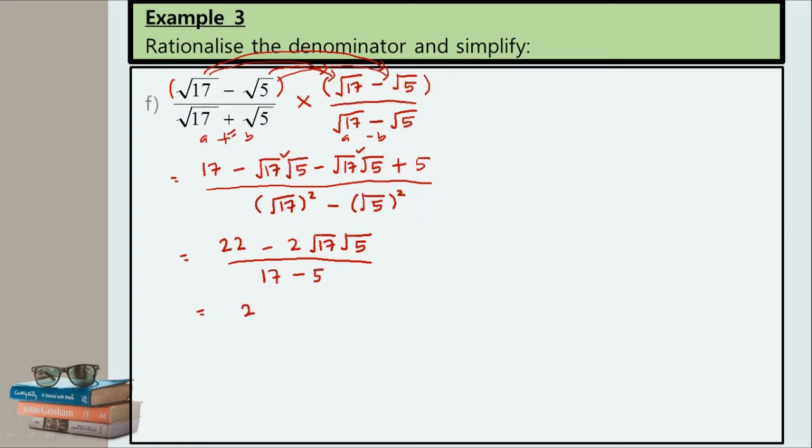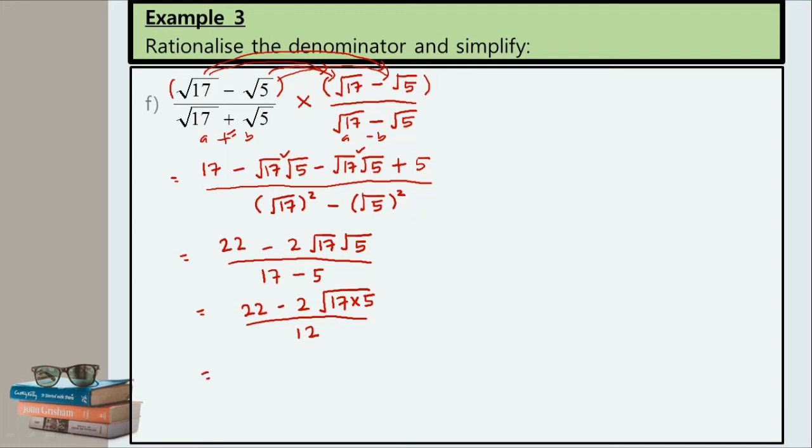So we will get 22 minus 2 surd 17 times 5 divided by 17 minus 5, 12.